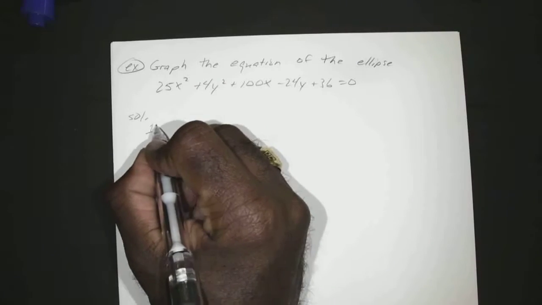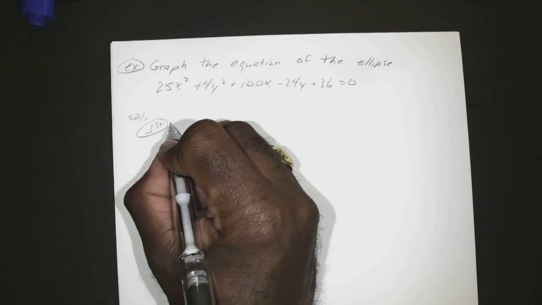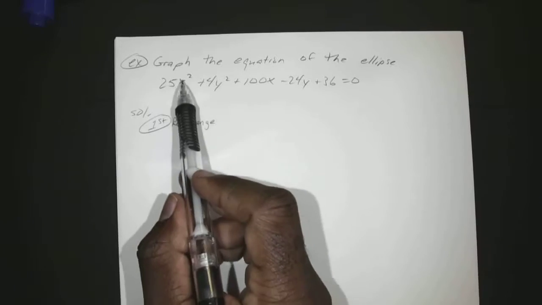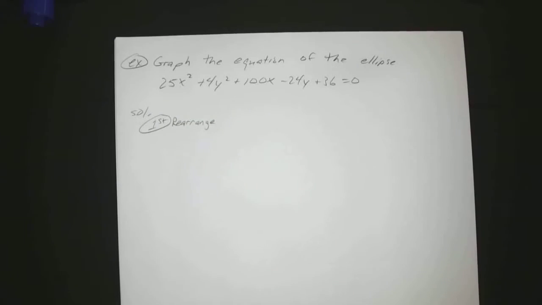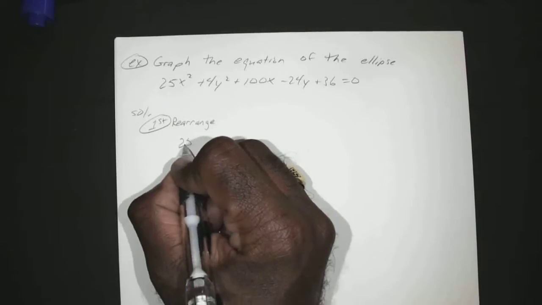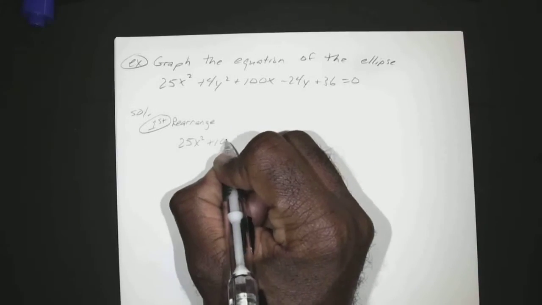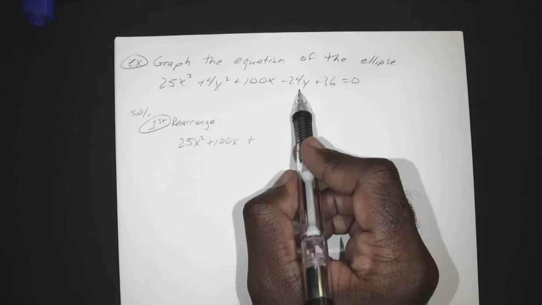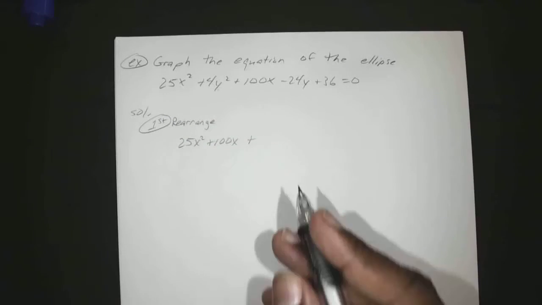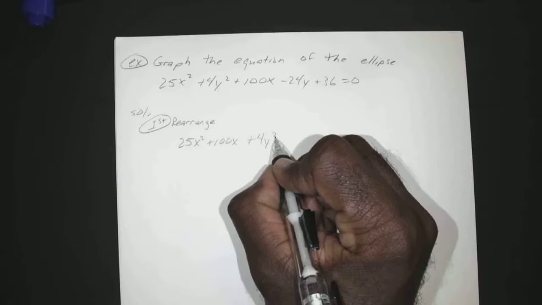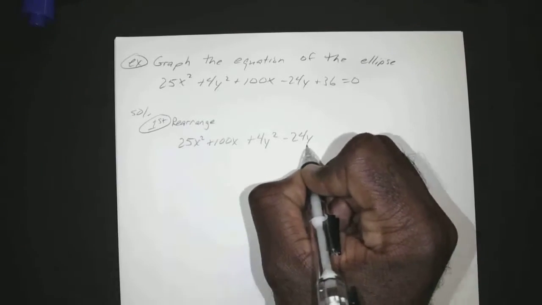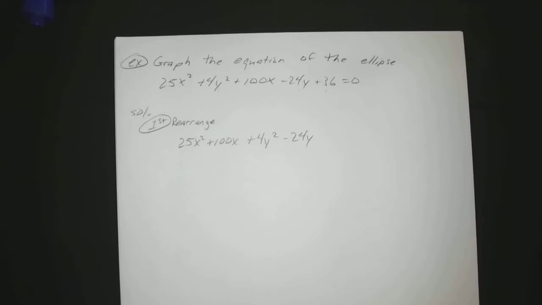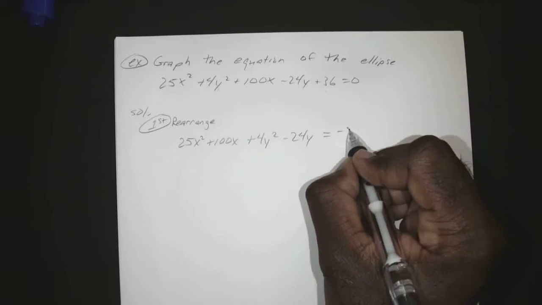So first, rearrange them, which means 25x squared and 100x will be next to each other. Four y squared and minus 24y will be next to each other. And the plus 36, you subtract 36 from both sides, so it equals negative 36.